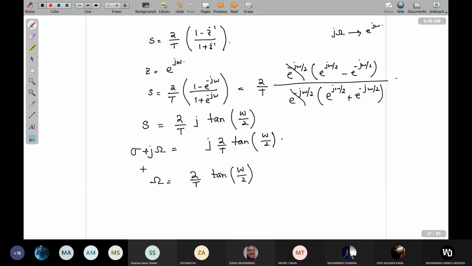So now that's the transformation. If you use this transformation, you will be transforming your j omega axis onto exponential j omega circle.